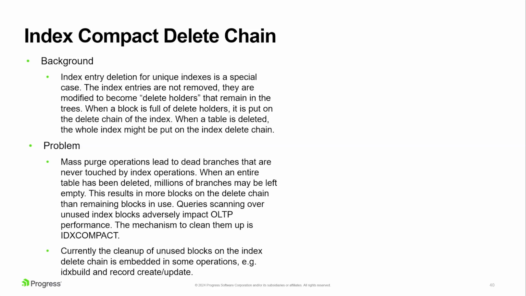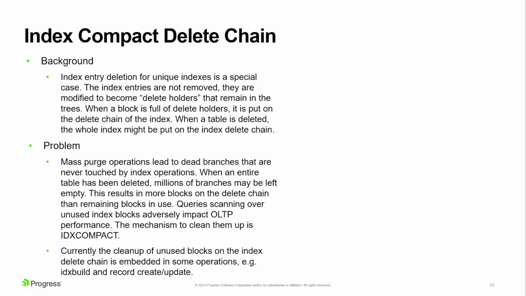The problem is that when customers do mass purge operations, these will lead to dead branches that are never touched by index operations. When an entire table has been deleted, millions of branches may be left empty. This can result in more blocks on the delete chain than the remaining blocks in use.